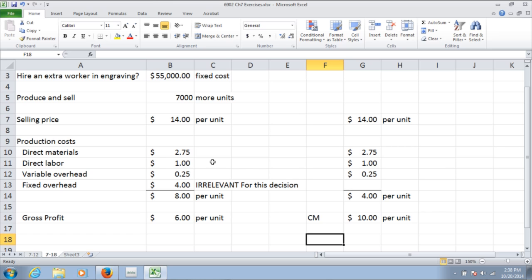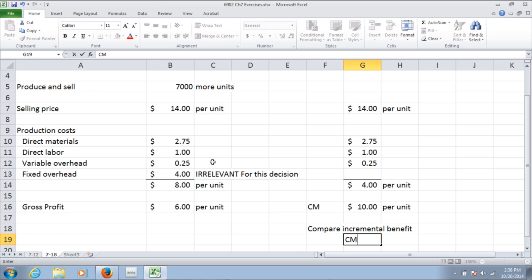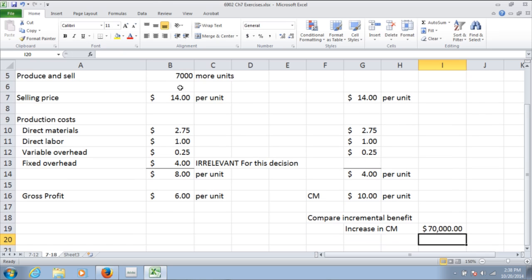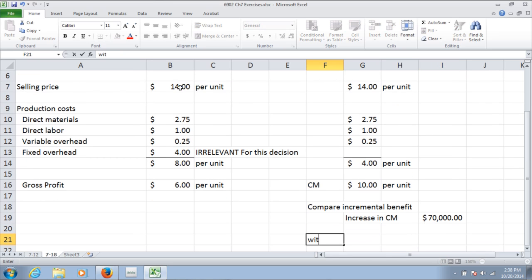So now we compare the incremental benefit, our increase in contribution margin, which will be $10 per unit multiplied by 7,000 units, or $70,000, with our incremental cost.